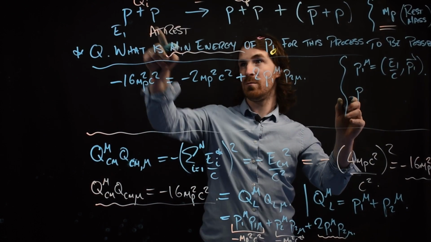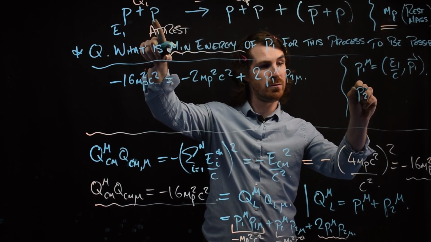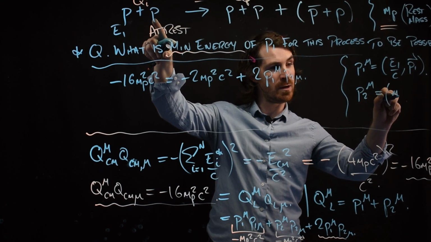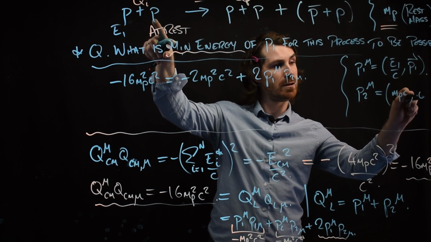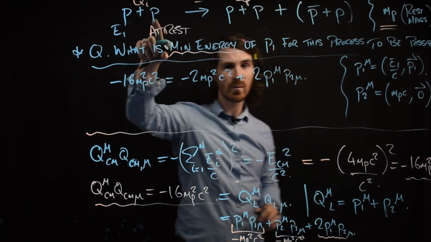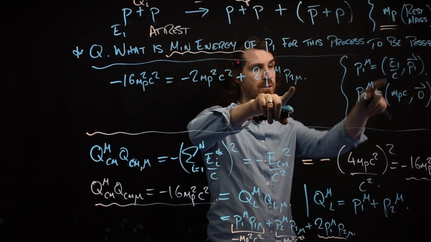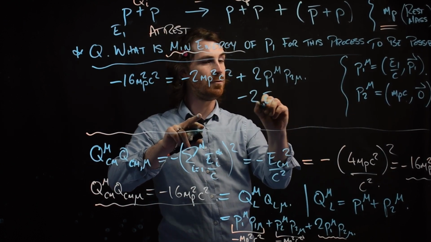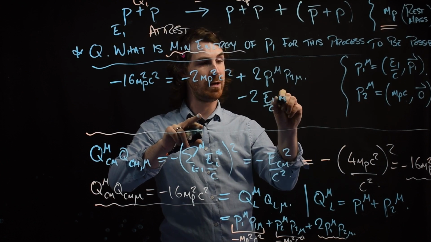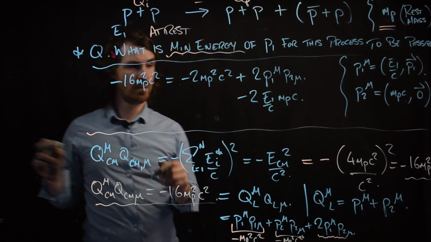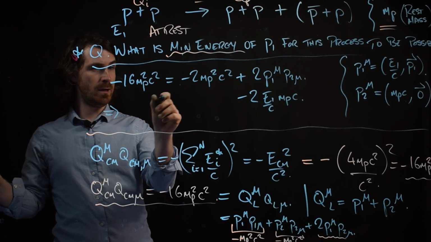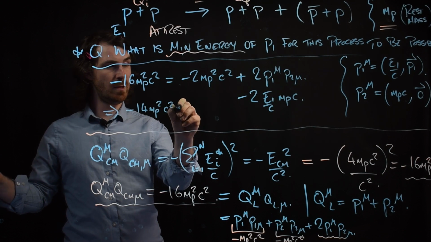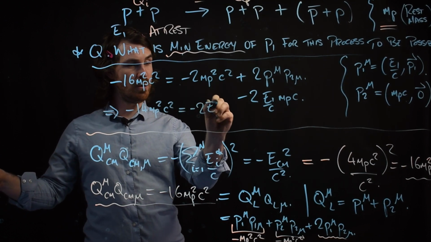And P2 mu is the four momentum of our second proton. But it's at rest, so its energy is just the rest mass energy, mp c squared, and it has zero momentum. So P1 mu P2 mu is just minus E1 over c times mp c. Okay, so this tells us that minus 14 mp squared c squared equals minus 2 E1 times mp.